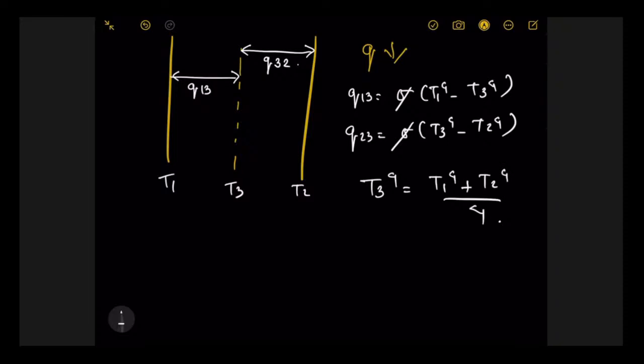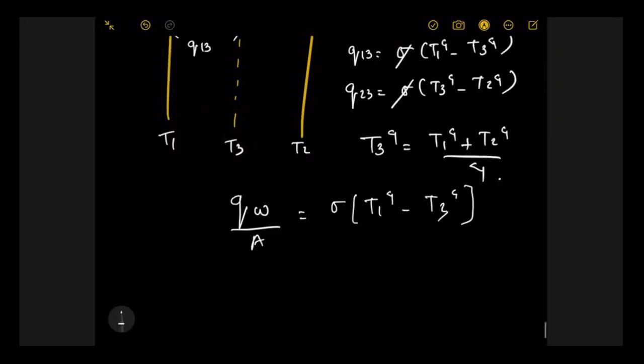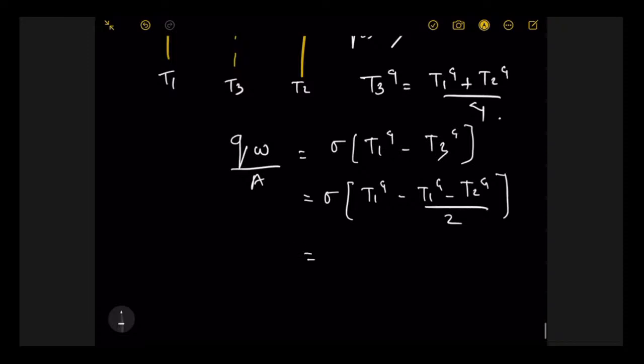So if we put this, Q with shield by A is equal to sigma (T1 to the power 4 minus T3 to the power 4). In place of T3, you write T1 to the power 4 minus (T1 to the power 4 plus T2 to the power 4) by 2. So it will be sigma (T1 to the power 4 minus T2 to the power 4) by 2.